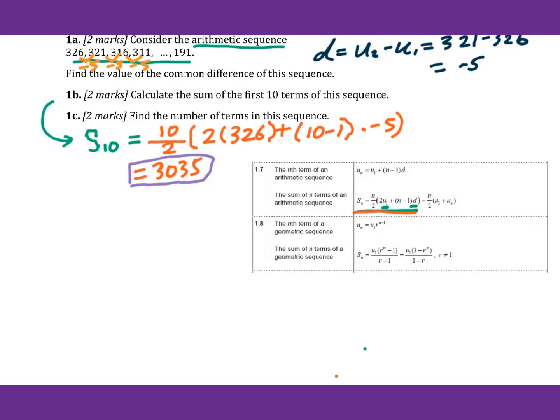Now let's go to 1c. Find the number of terms in this sequence, which means we already know U sub n equals 191. Then you need to find n.